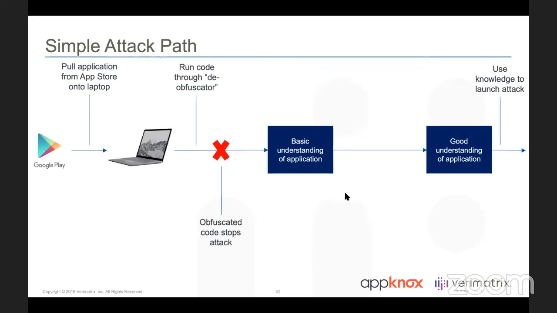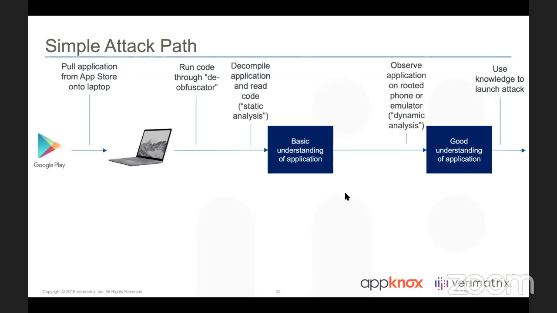So as well as just applying obfuscation, we can stop the attacker getting other understandings. We can stop the attacker moving on from their static analysis to dynamic analysis. And dynamic analysis is when you observe the application running, you start to see it behave, seeing how it operates.